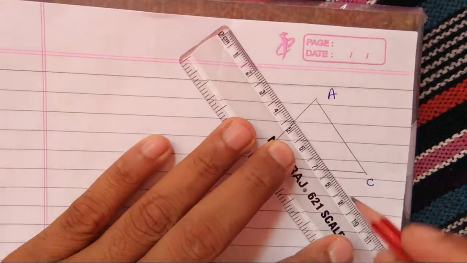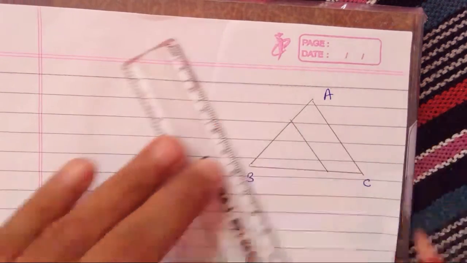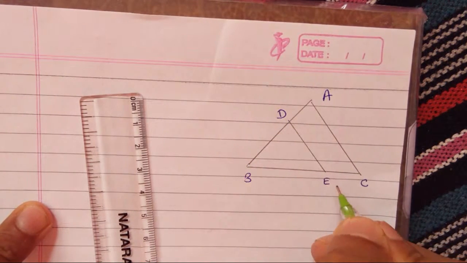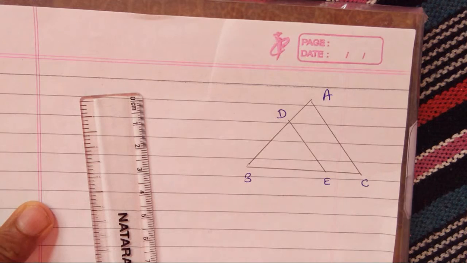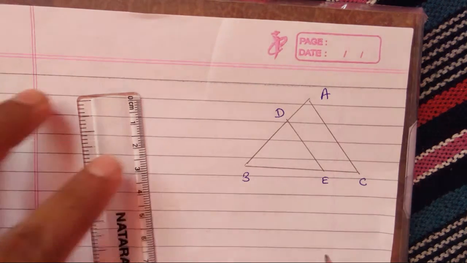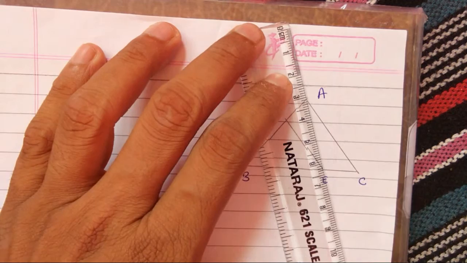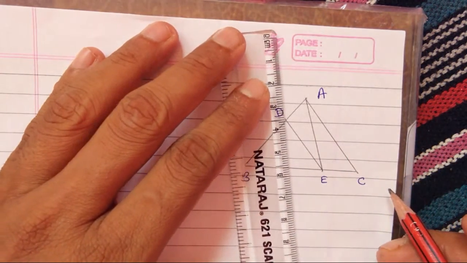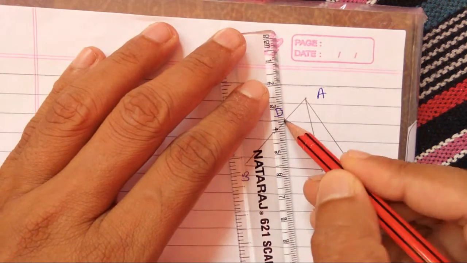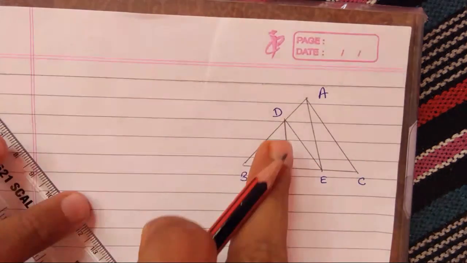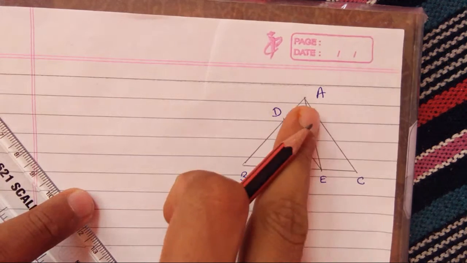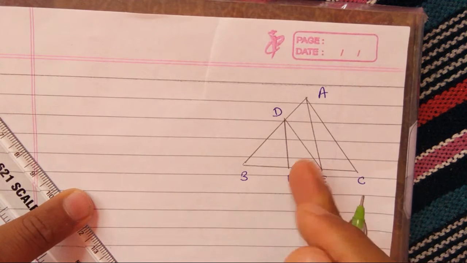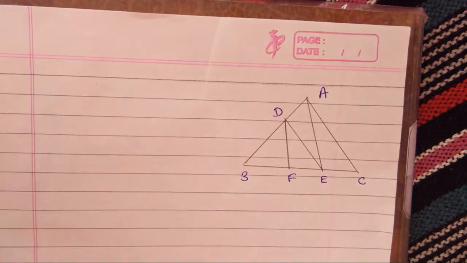We have to draw one line DE which is parallel to AC, and DF is parallel to AE. So this is AE line. We will draw this AE line, and DF is the another line which is parallel to AE. Okay, here DE is parallel to AC and DF is parallel to AE. These are the given data.